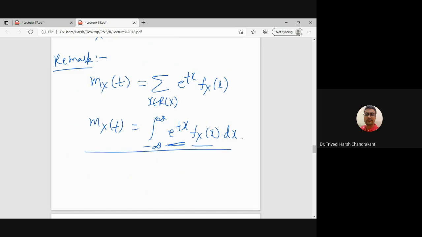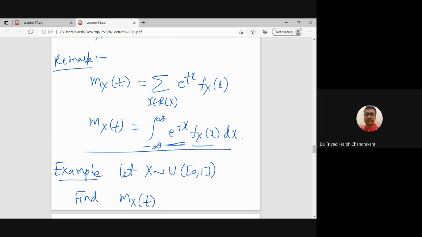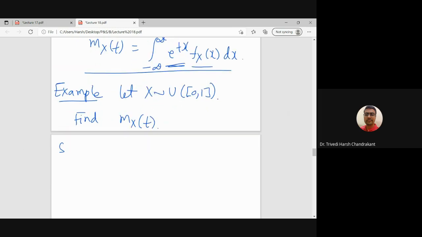So let us start with the simple example of the uniform random variable over 0 to 1. What we want to find is the moment generating function of this random variable. This is also very simple.